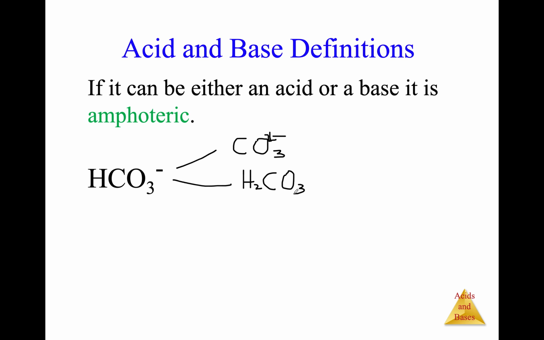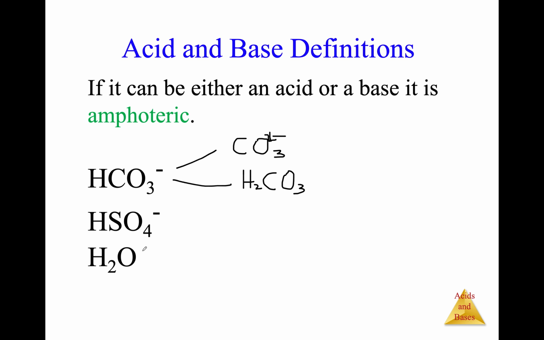So amphoteric, acids donate protons, so it would form carbonate. Bases accept protons to form H2CO3. Another example, HSO4-. I could donate a proton to make sulfate. I could accept a proton to make H2SO4.